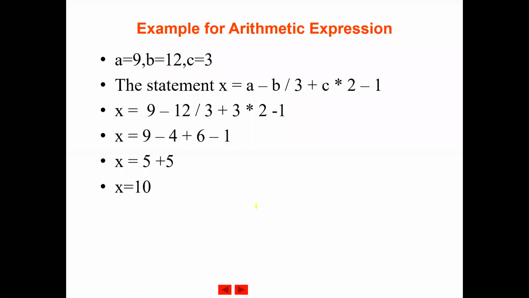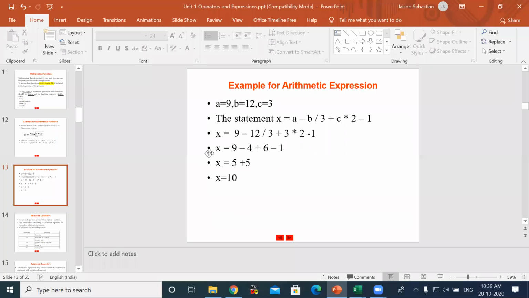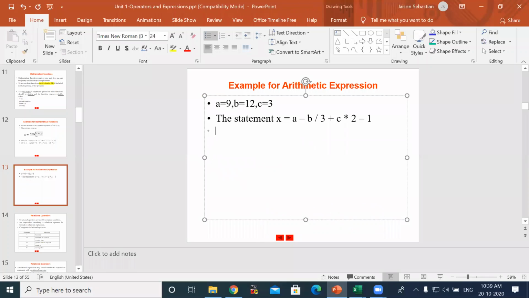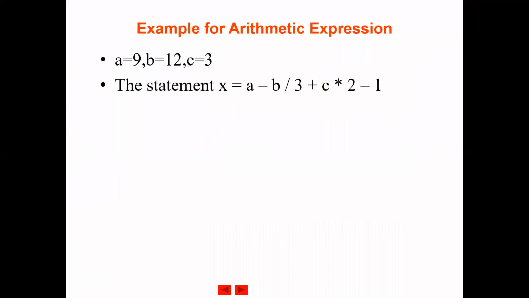Now, can you all tell me in what way this equation works? This is an example of an arithmetic equation which you might have studied in maths also, how to solve it and what the precedence, the BODMAS rule, is. Brackets we will consider later, but now I am giving you an arithmetic expression.